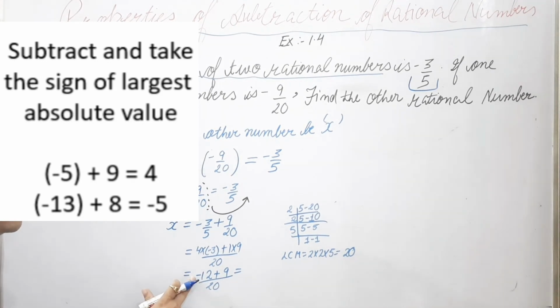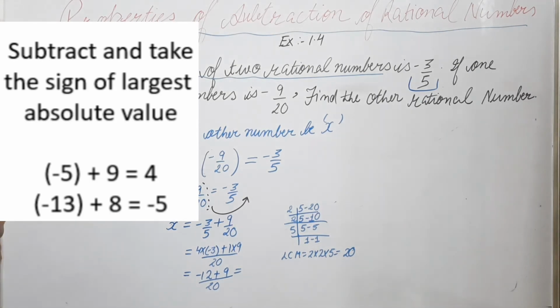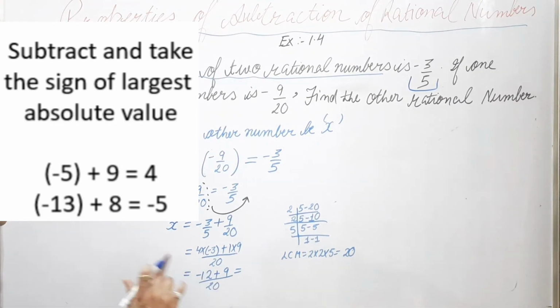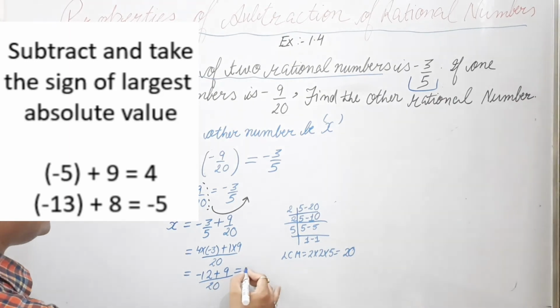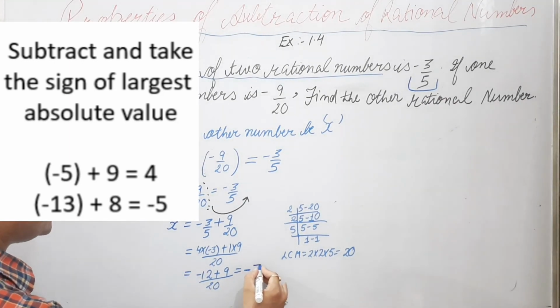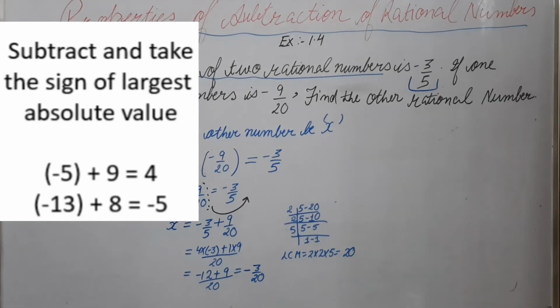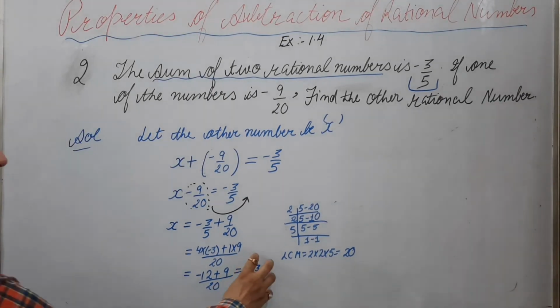But you have to assign the sign of the number whose value is greater. So 12 is bigger than 9, but it is negative, so I will assign minus 3 upon 20. So this is the second rational number.